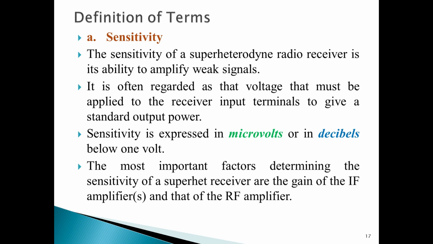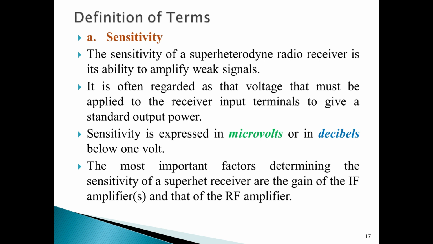Definition of terms. In the course of dealing with receivers, there are some terms that it is very necessary that we know. One, sensitivity. The sensitivity of a superheterodyne radio receiver is its ability to amplify weak signals. It is often regarded as that voltage that must be applied to the receiver input terminals to give a standard output power.